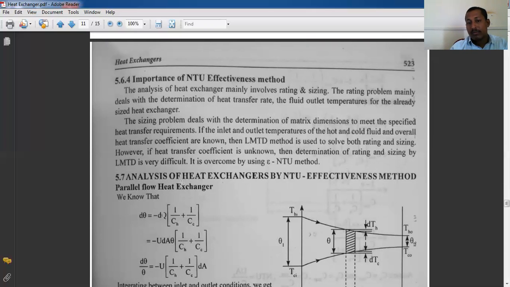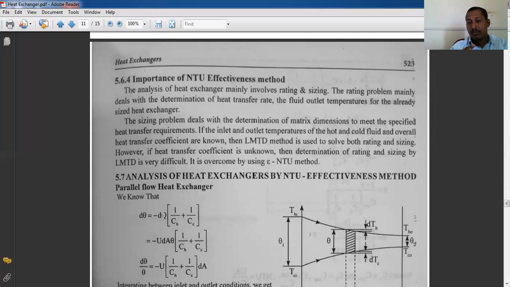The sizing problem deals with the determination of the dimensions to meet the specified heat transfer requirements. If the inlet and outlet temperatures of the hot and cold fluids and the overall heat transfer coefficient are known, the LMTD method is used to solve both rating and sizing. However, if the heat transfer coefficient is unknown, then determination of rating and sizing by LMTD is very difficult.